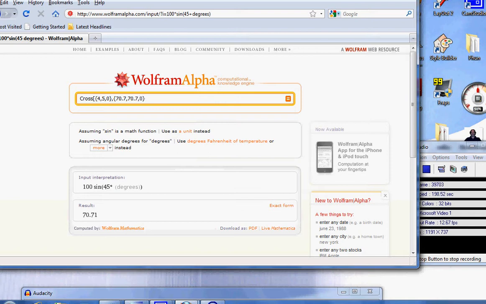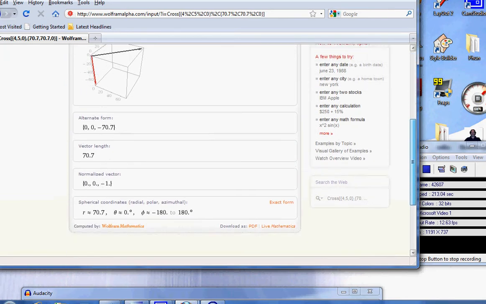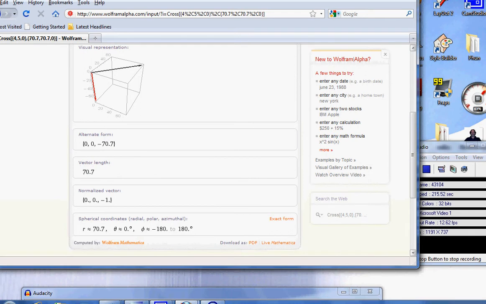Close squiggly bracket, close bracket, hit enter, and it gives you not only the calculation, it gives you the resultant and a picture and everything else. And so you write down that it has a moment of 0, 0, minus 70.7. So that, in effect, is your first moment.